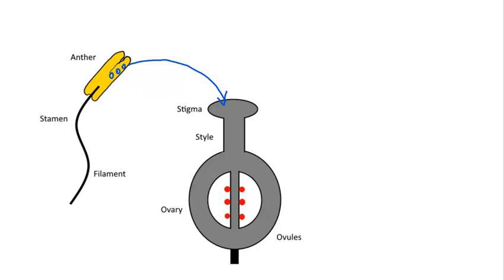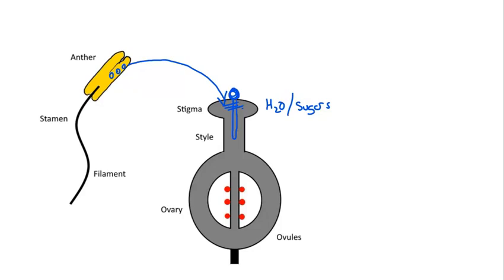So the pollen would land on the stigma, and the stigma surface would contain water and perhaps even some sugars. And this would allow what we would call the germination of the pollen grain, a slightly confusing term, in which it would begin to grow a tube that will grow down through the style.